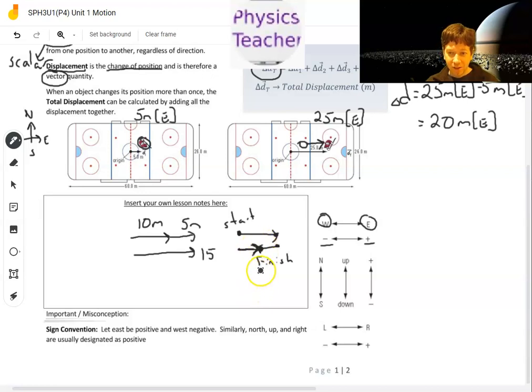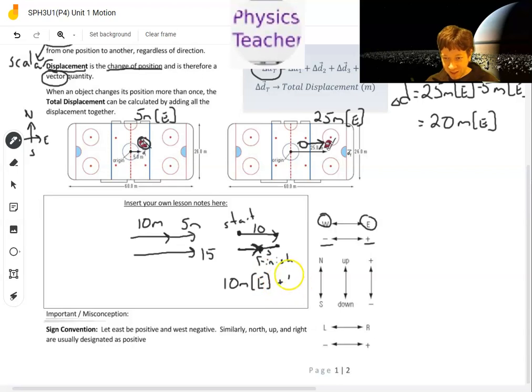Okay, so if this is 10 and this is 5, it would seem like I have to add them, because that's what the equation is. Total displacement is the sum of all other displacements.